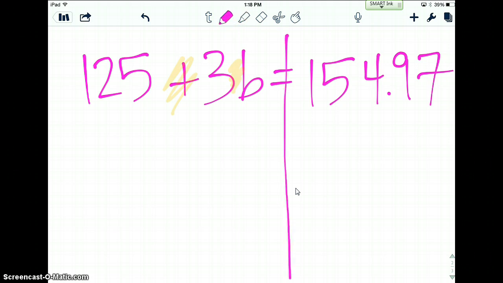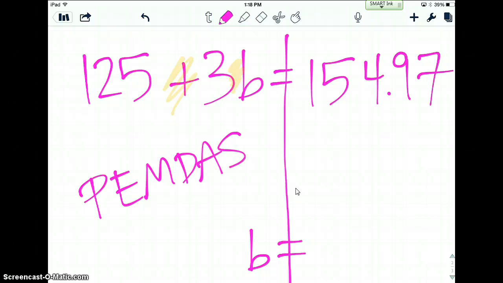The whole point is to get down to what 1b is worth. And in order to solve when I have more than one operation, when I'm working backwards to solve, I need to use that order of operations and go backwards. Meaning I'm going to have to get rid of addition and subtraction first, and then multiplication and division.